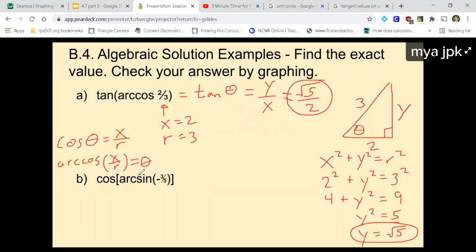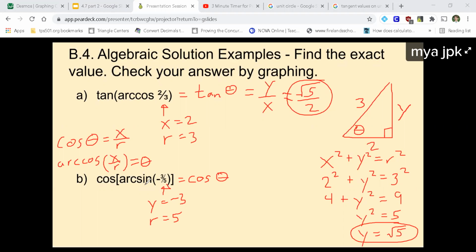So arcsine, what does arcsine tell us? That tells us y and r. So this is telling me y is -3 and r is 5. And again, when I take the arcsine of -3 over 5, I will get an angle.